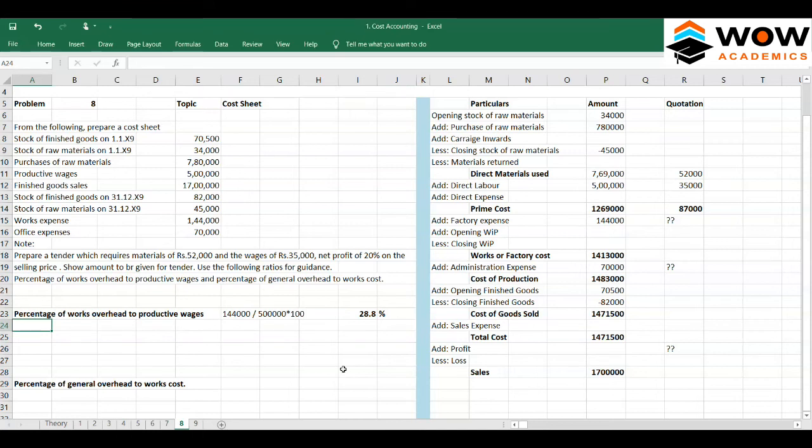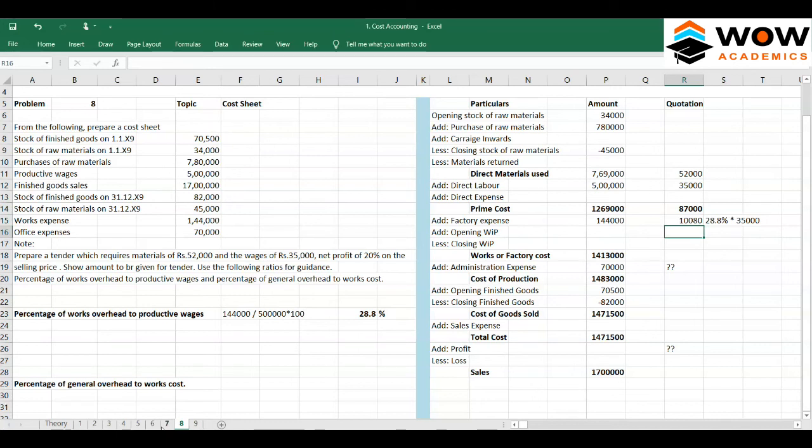And now we can apply this. Okay, so that's a percentage. So what would be the value here? The value would be 28.8 percentage of wages. Okay, so how much is the wages? Wages is 35,000. So you can take that, you can put it here and get the answer. Okay, it comes to 10,080.